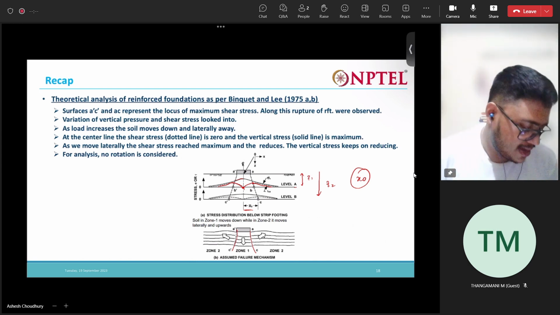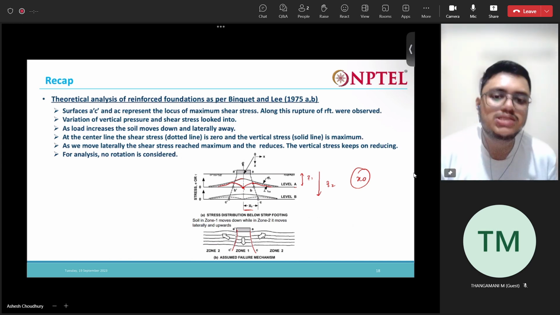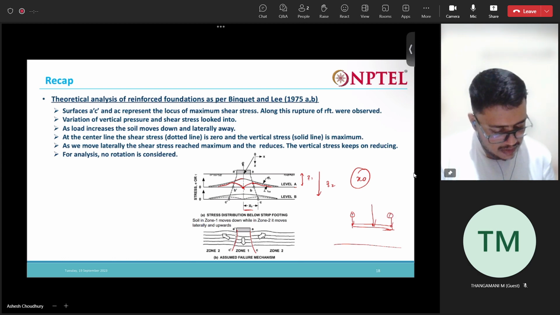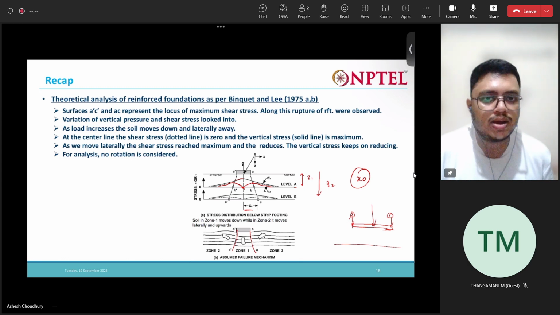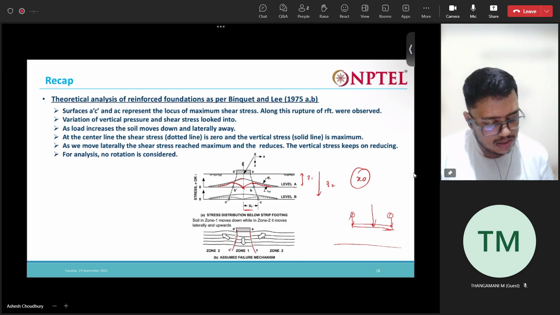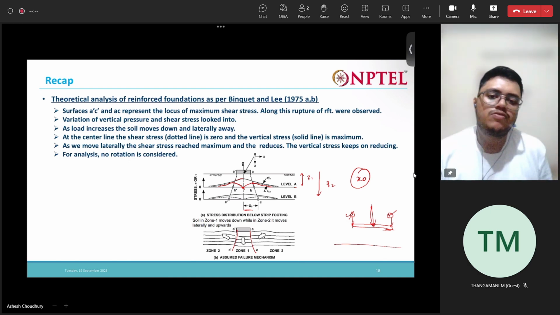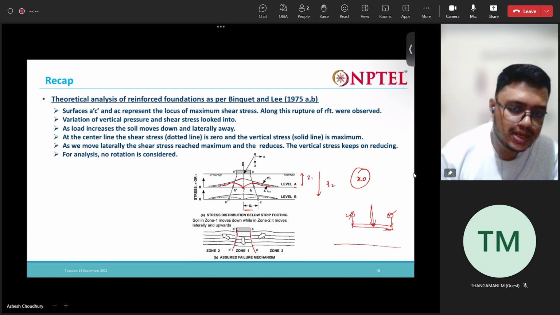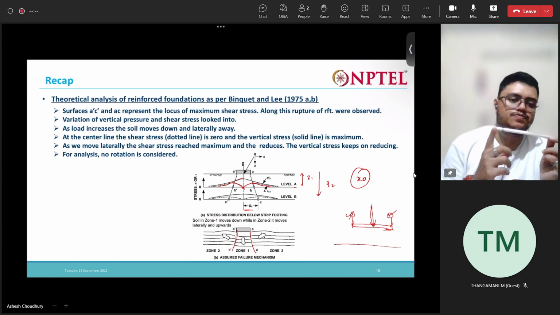One more thing: generally, whenever we put some load, if you do an experiment, say on a footing, and you're providing some load and measuring the settlement of the footing at the two edges, left and right, you'll see that as you increase the load, the displacement at the two edges won't be the same. On one side it will be a little more, on the other a little less.